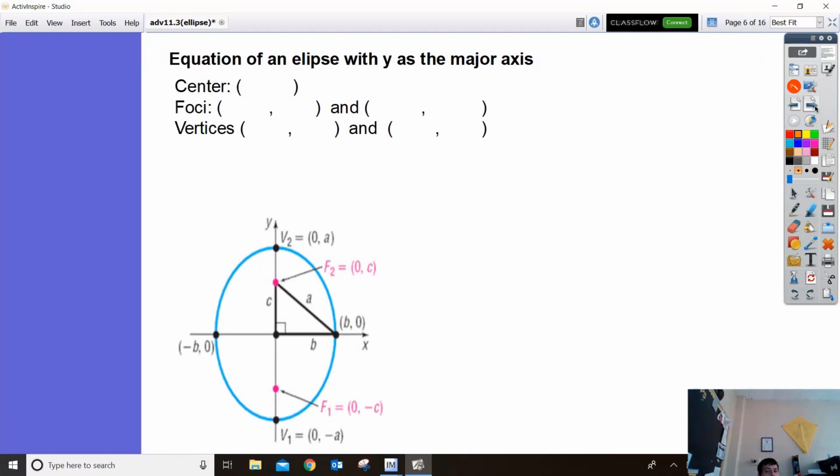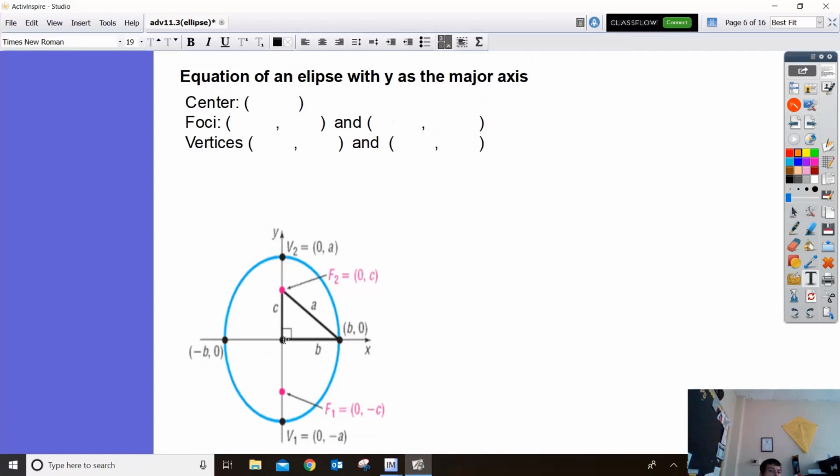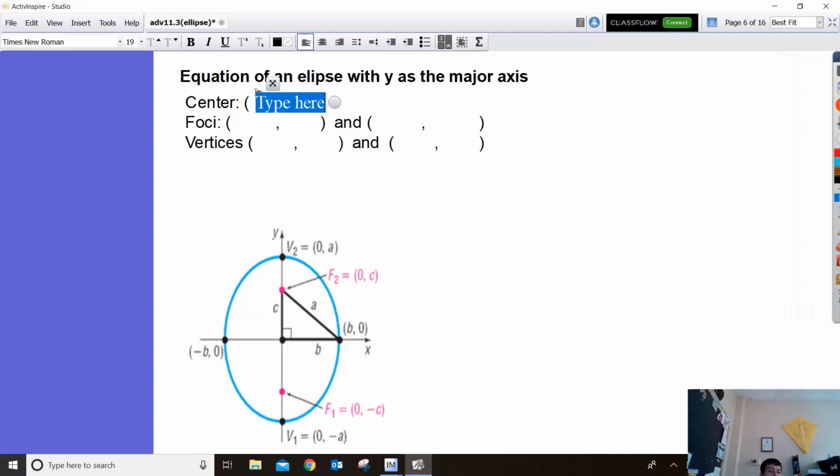Y is the major axis now. So we'll just use this little diagram right here. Still centered at 0, 0. Your foci have moved from the x-axis to the y-axis, if you look at your diagram.